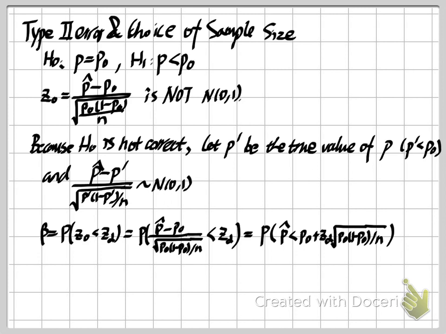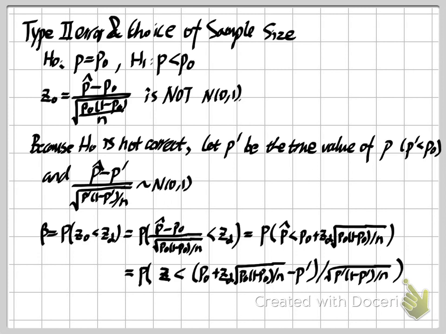So now we translate this to a standard normal distribution, and we have this long equation. When we change it to a standard normal distribution, we still use Z to denote the random variable. So this becomes the probability of Z smaller than this complicated expression.